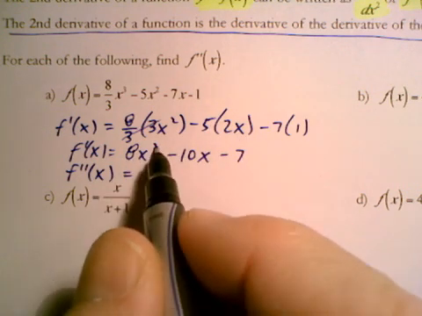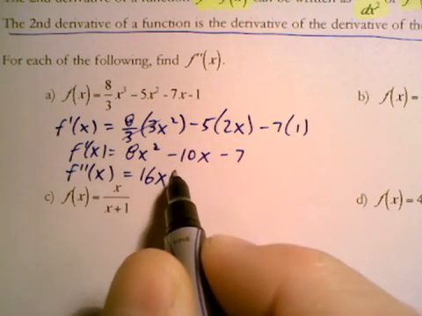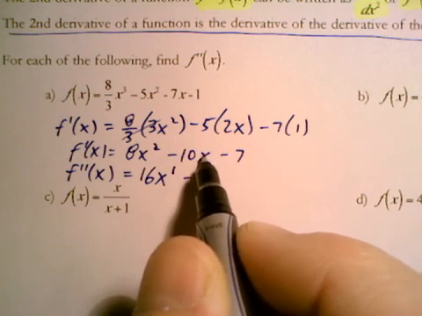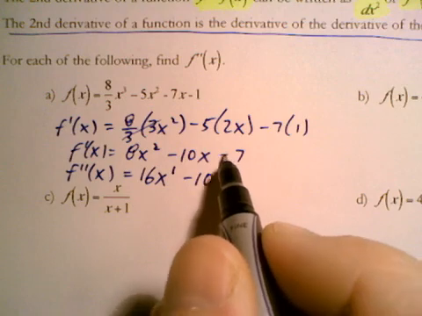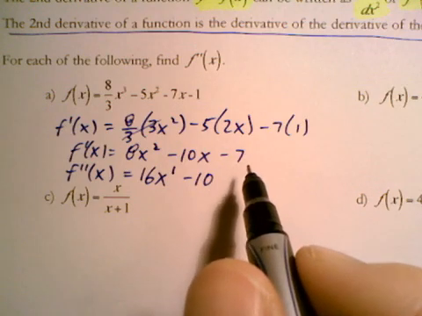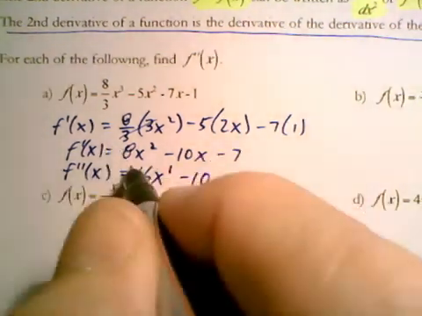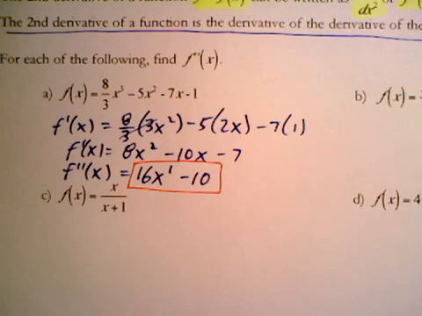But we can do this all in one shot. 2 times 8 is 16, times x to the 2 minus 1, which is 1, minus 10x. The derivative of 10x is just 10, and the derivative of negative 7 is just 0. So we have the second derivative equaling 16x minus 10. That's the second derivative.